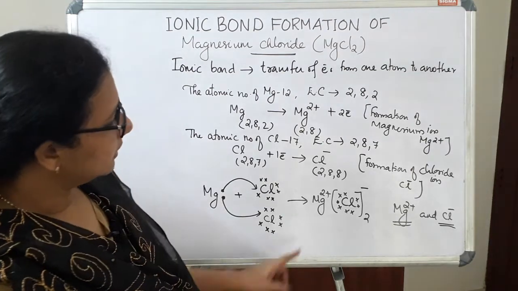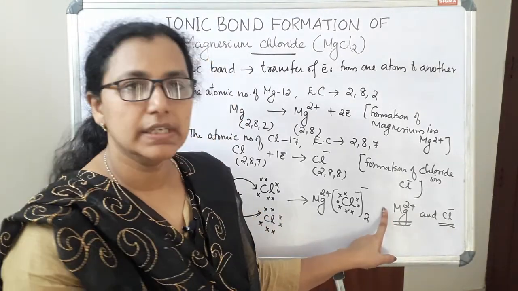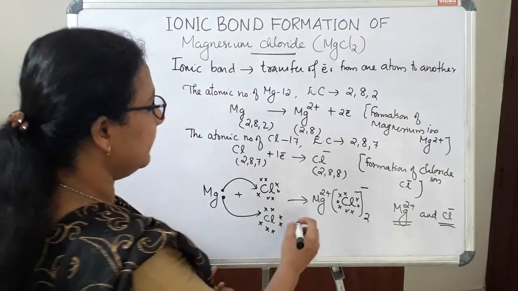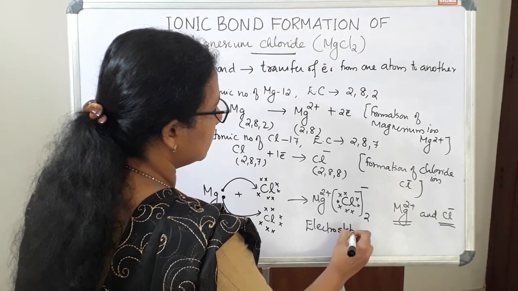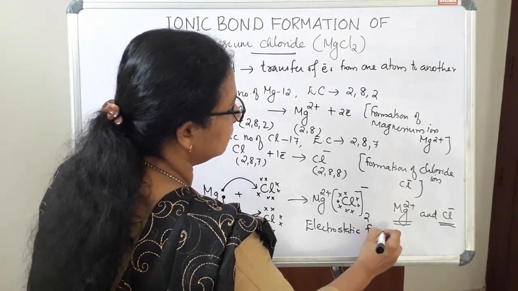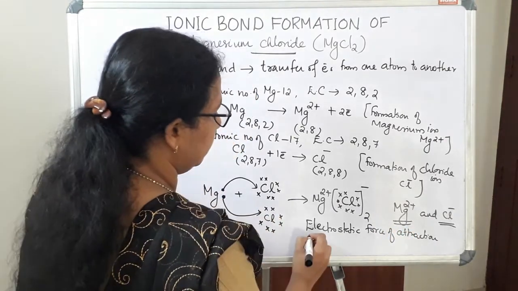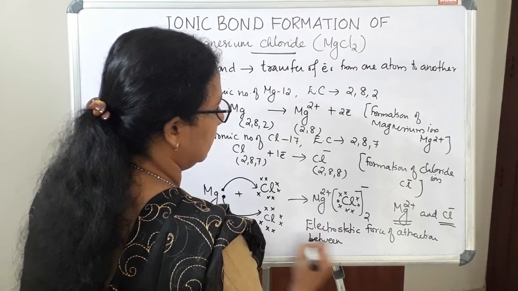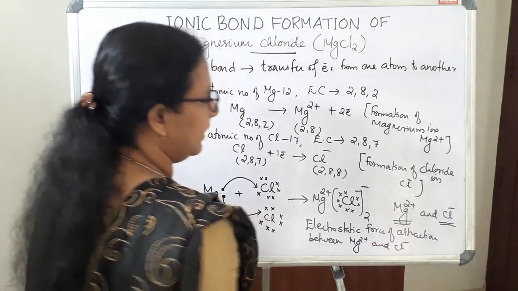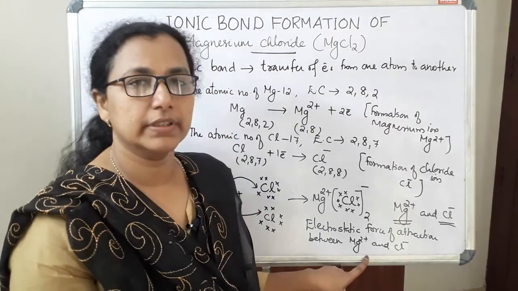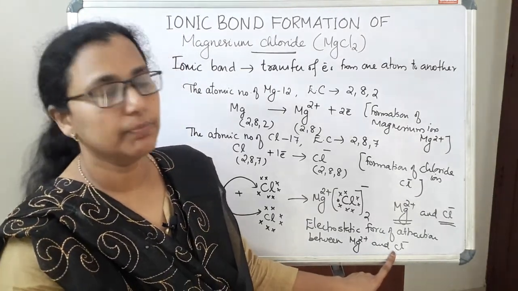These ions are oppositely charged in nature and are held together by the electrostatic force of attraction between Mg2+ and Cl- to form the ionic bond.